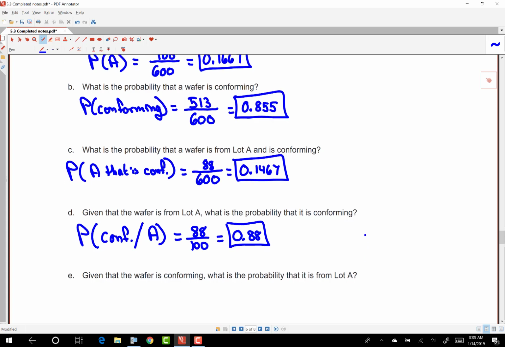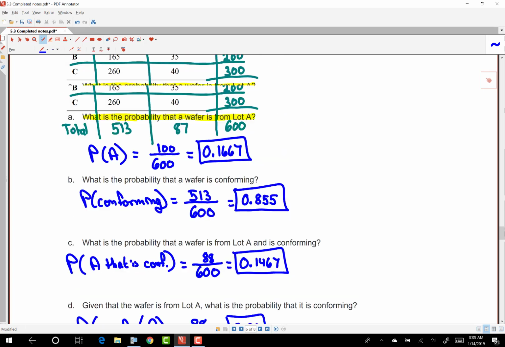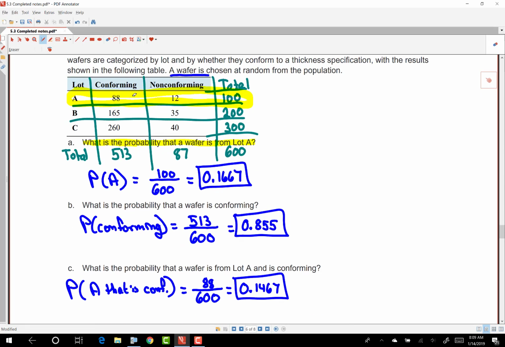Okay, let's look at part E. Part E says, given that the wafer is conforming, what is the probability that it's from lot A? So this time we're given that it's conforming, and we want to find the probability that it comes from lot A. So we're given that it's conforming, so that's going to narrow it down to the conforming column.